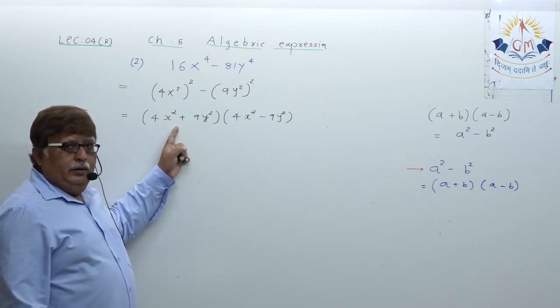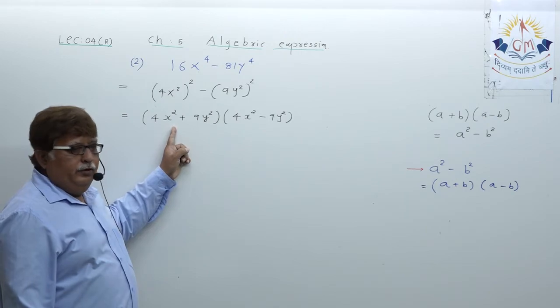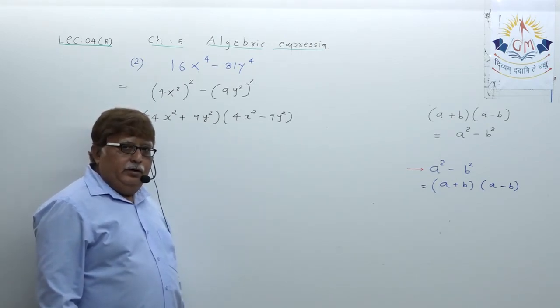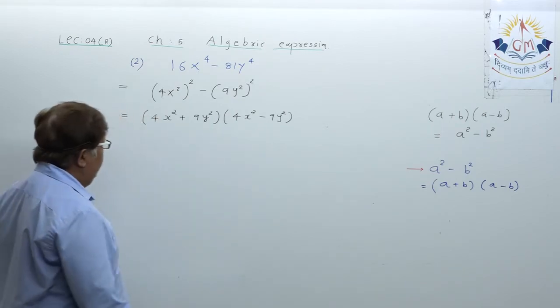Here identity cannot be applied because of positive sign. Here identity is applicable because of negative sign.